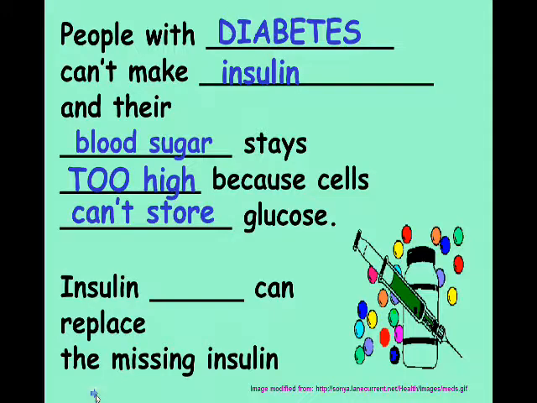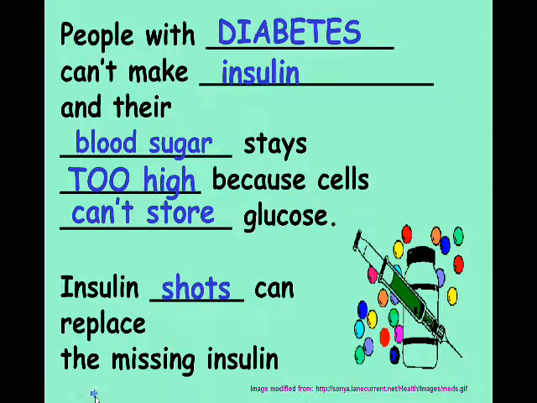And it's because those cells don't have the insulin to tell them to save their sugar for later. And so people who have diabetes have to do a little finger prick. They take a little bit of blood. They're checking their sugar level. If it gets too high, in order to store their sugar into their cells, they need insulin. And if they can't make insulin, what they do is take it as a shot.